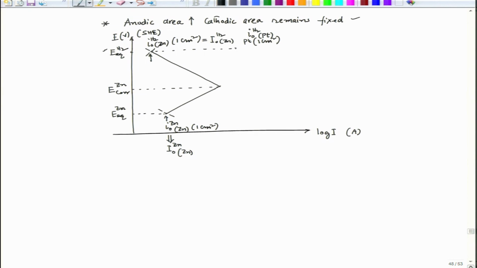And then, as per the mixed potential theory, the way we have done previously, we have to add it, because we have to consider the mixed potential.